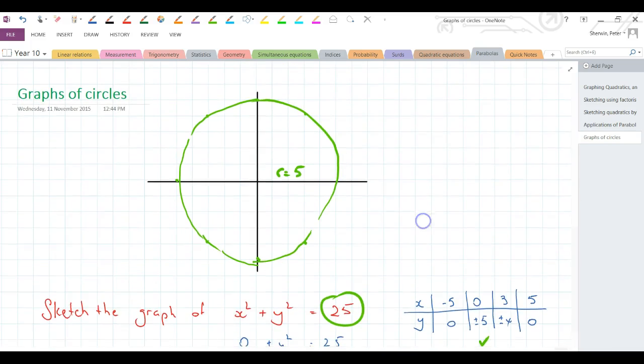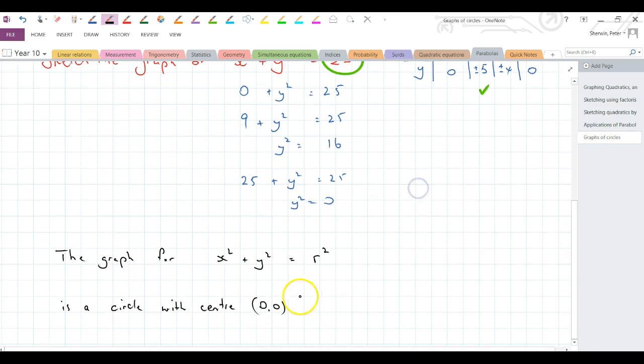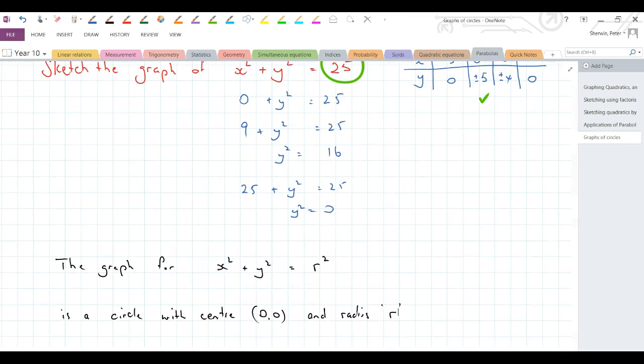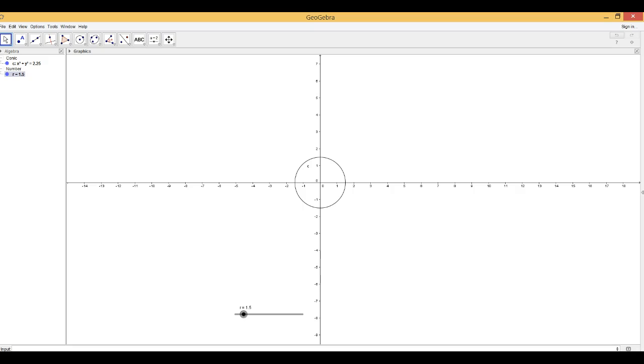You can see that up here, center is at the origin, with center 0, 0, and radius, what's the radius? Radius is r. Okay, so that's it. I'm just going to go into GeoGebra here and just show you.